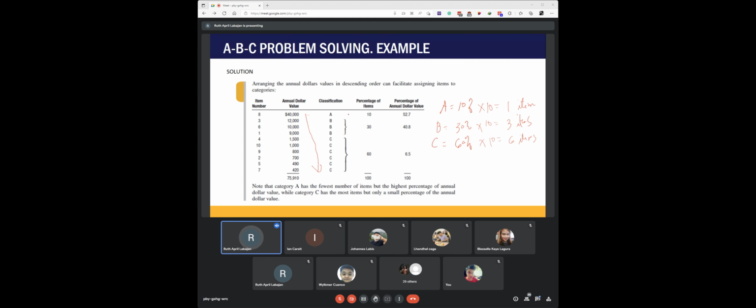In this case, only one item has the classification A. So naturally, the topmost will have the A classification.